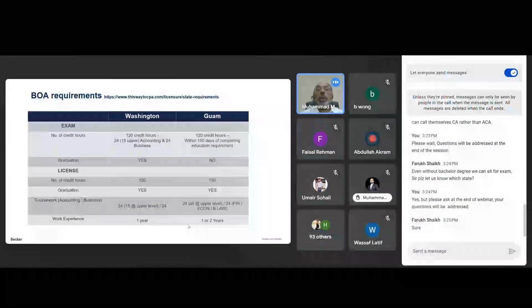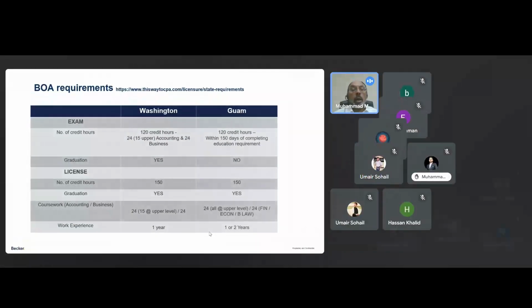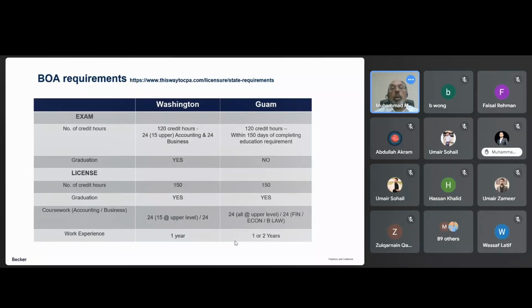Okay, so graduation is required by Washington, and I'll show you the two Pakistani qualifications. The CA Pakistan and ICMA CMA Pakistan meet this requirement of graduation. And certain states, maybe one or two, allow you, if you have 120 credit hours, or you can have these accumulated within 150 days of completing the education requirement.